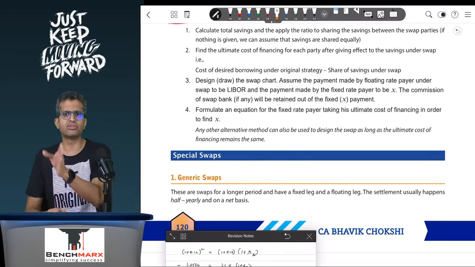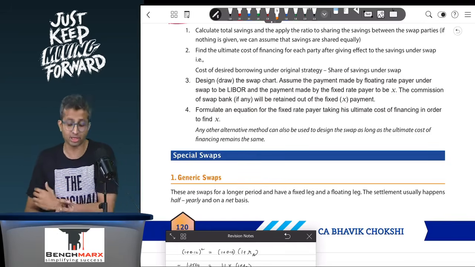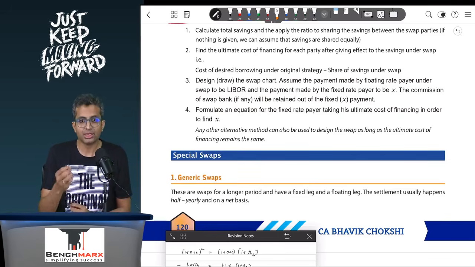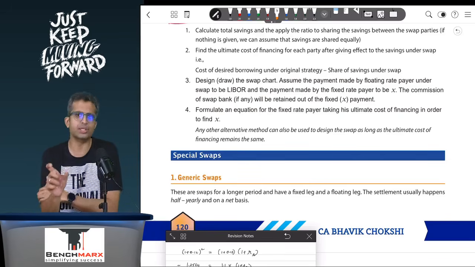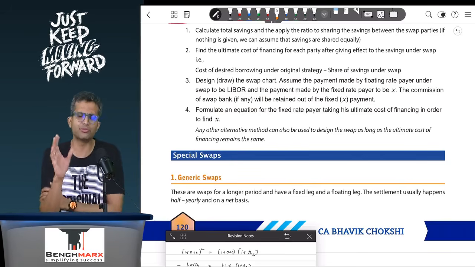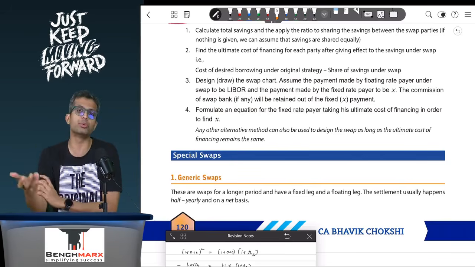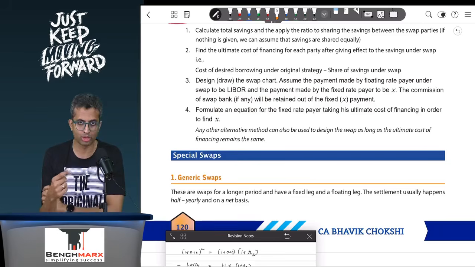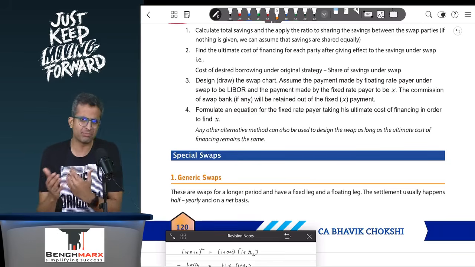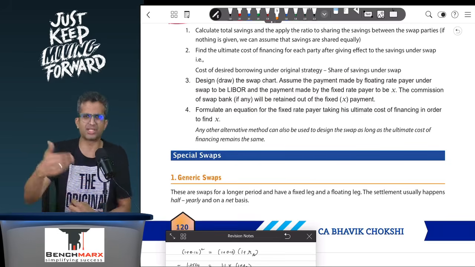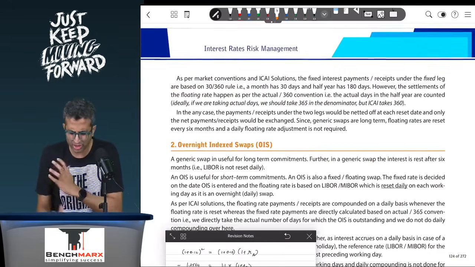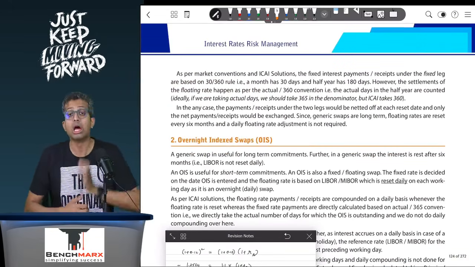So I will take, let us say, reset periods at 1st April, 1st October, etc. In which case I will say that for every period, the LIBOR will be the LIBOR prevailing on 1st April. For the next 6 months, the LIBOR will be that prevailing, let us say, on 1st October, and so on. So in that, you will take maybe 360 days, 365 days, actual number of days. We have written a note over here just to keep it consistent with the institute.